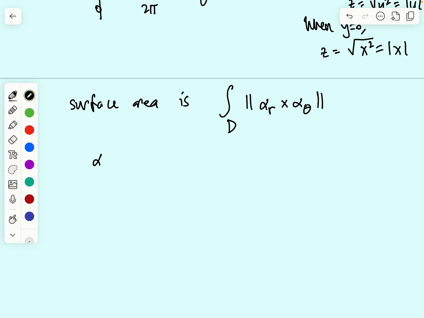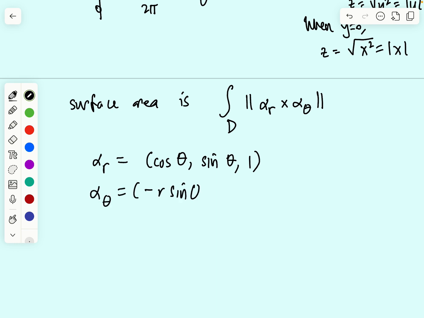So alpha sub r is cosine theta, sine theta, 1. Alpha theta is negative r sine theta, r cosine theta, 0.